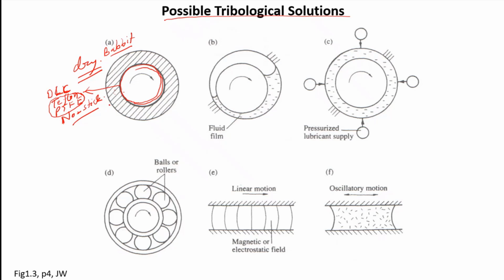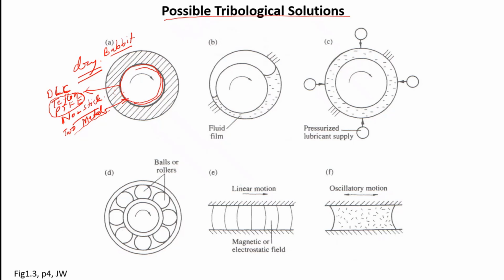This is a very important one, and here also there are a lot of tribological design rules that we have to understand. In dry contact, we should never use two metals together, because metals can never give you a low coefficient of friction. It will lead to very high friction, no matter what.